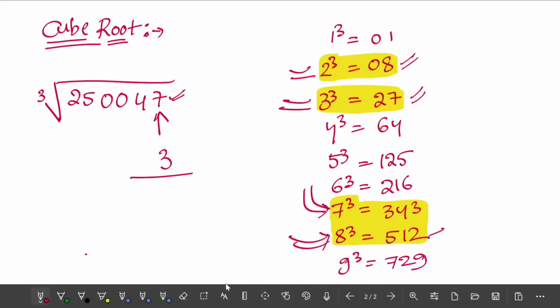So we have 7 here, which means the root's digit would be 3. Only on cubing 3, the unit digit would be 7. Clear? 7 and 3 are related, and 2 and 8 are related. Whenever you see 8 at the units place, put 2. Whenever you see 3, put 7. If you see 7, put 3. If you see 2, put 8. Clear?